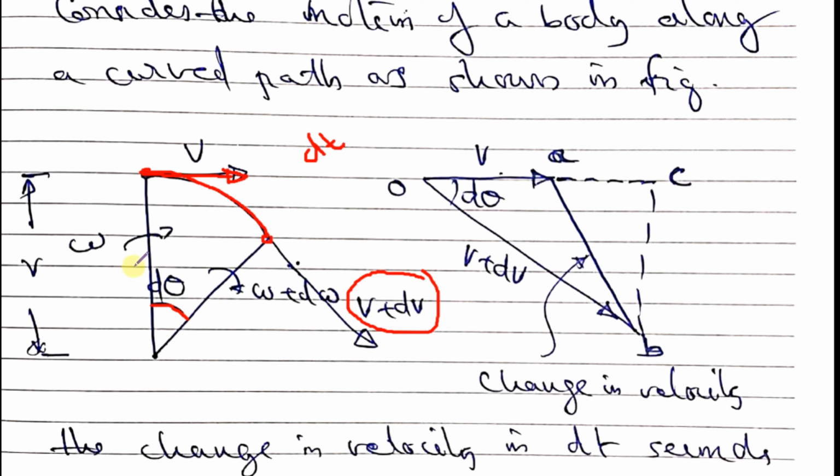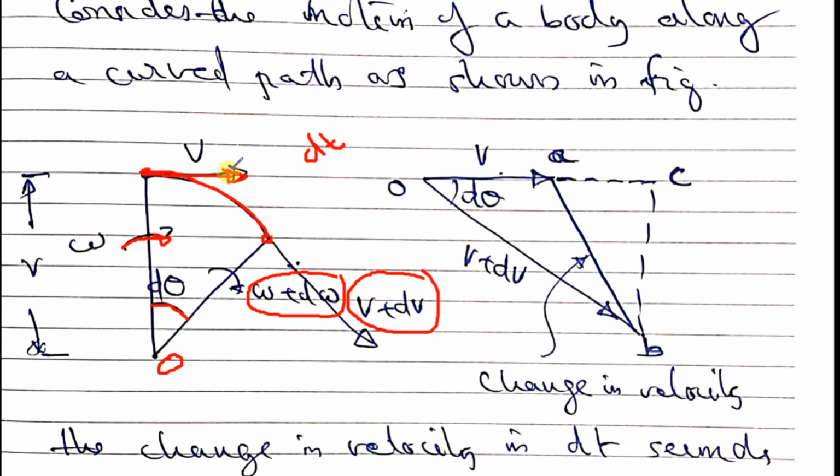Now let us consider that the radius of the circular path is r. If this is the origin O, this is r, and omega is the angular velocity at this point. Here the angular velocity is omega, and here it is omega plus d omega, that is, there is a change in angular velocity d omega.